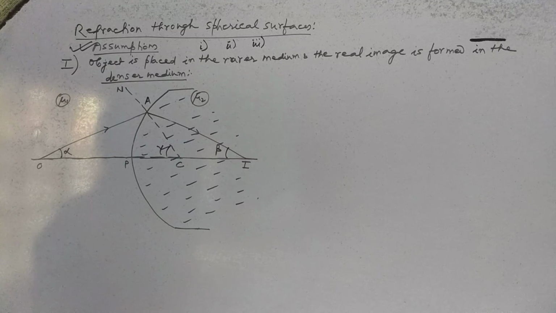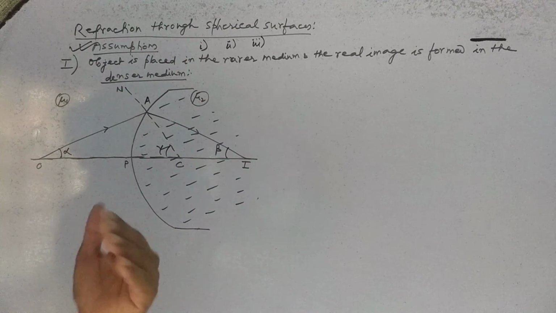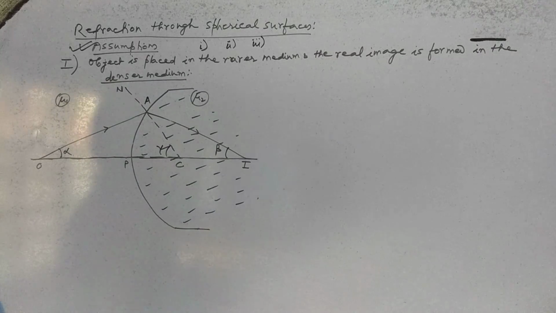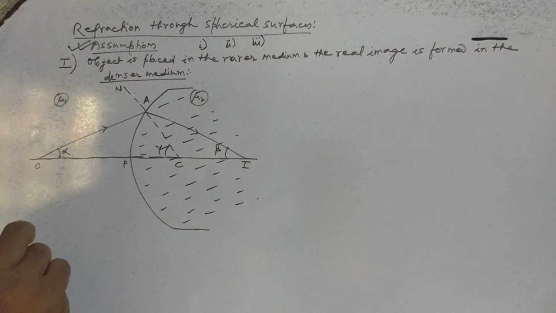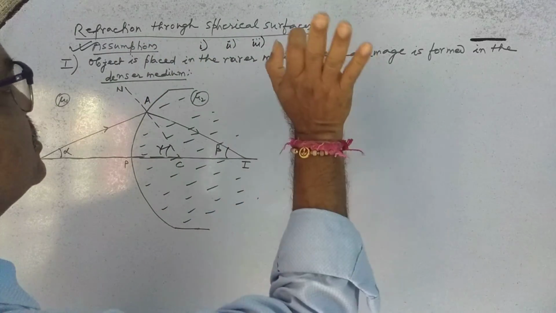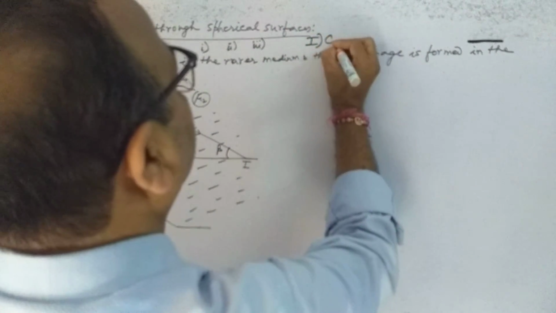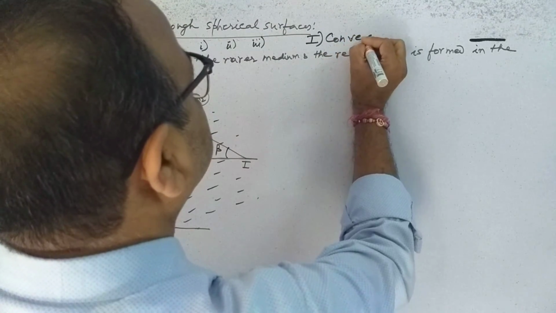These angles are small. But before I proceed to the further cases, I first tell you I am discussing it under 2 heads. The first head is the assumptions. Now I will first do it for the convex surface.